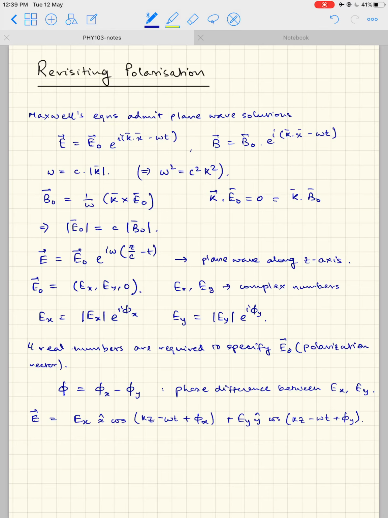Exponentials just make this algebra a lot easier. All right.